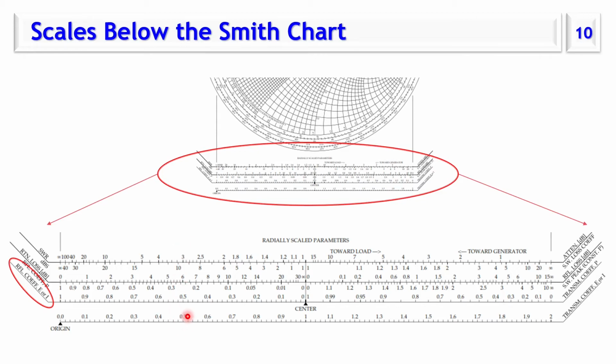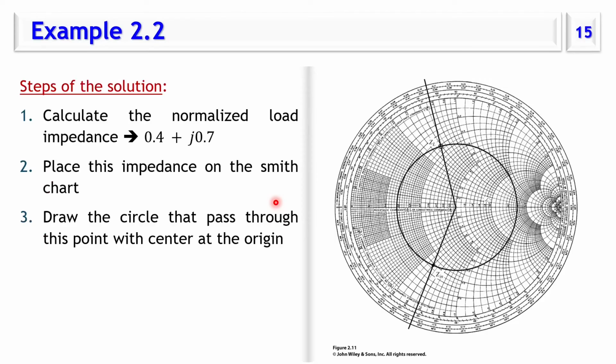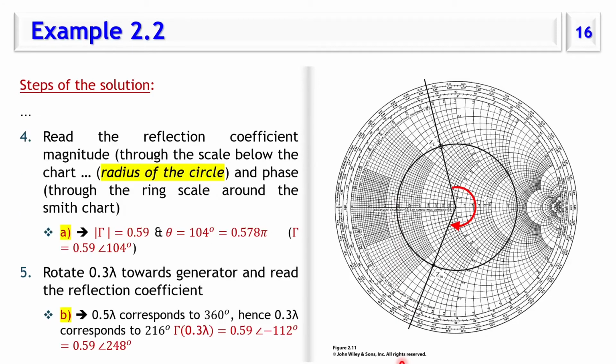So we don't measure the absolute value because it's meaningless. It must be normalized to the size of the Smith chart. And for this, we just go vertically from this point here to find the reflection coefficient and the standing wave ratio. We read the reflection coefficient, and we find it's 0.59. We know the angle is measured from here to this point.